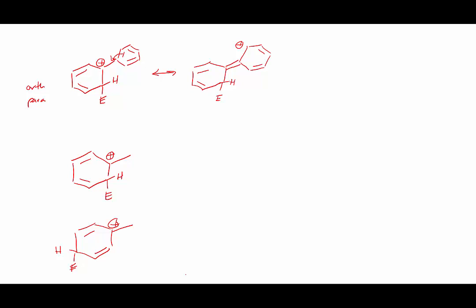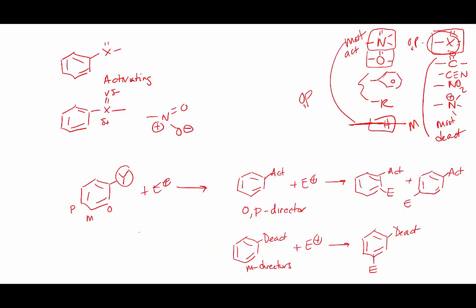Now, all the deactivating groups except halogens can be summarized by this group, X double bond Y, as a generic structure. C triple bond N is one of them, but it's the same formula, right? You've got an X multiply bonded to the Y. And in that, the X group is delta positive and the Y group is delta negative. Right? In all of those molecules. And let's go back here.